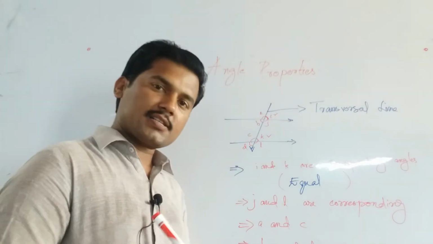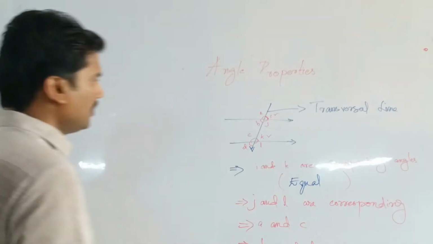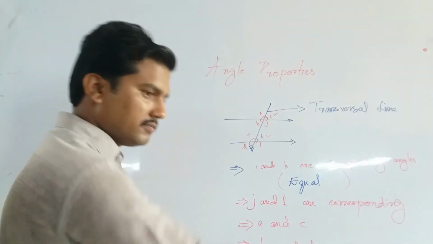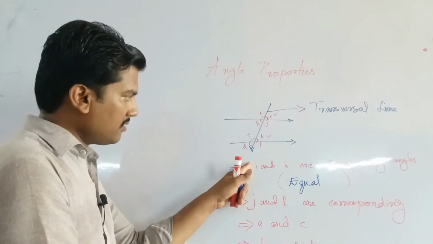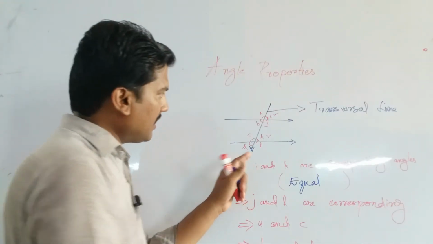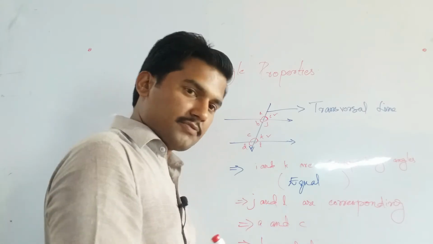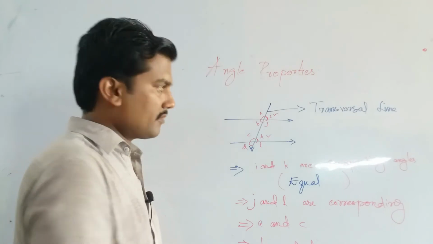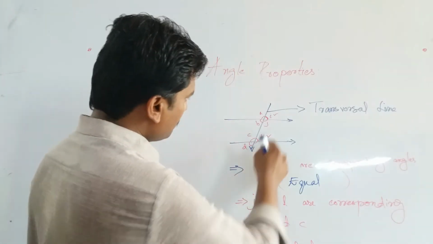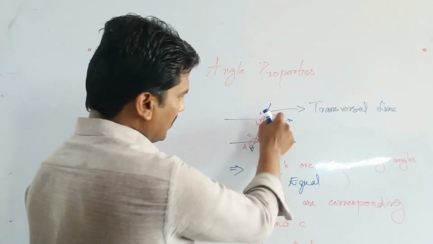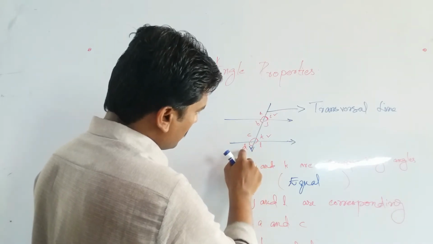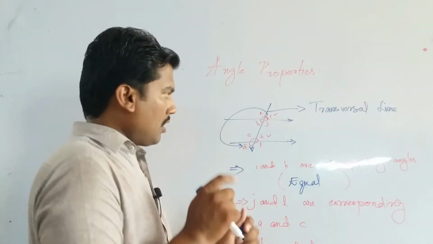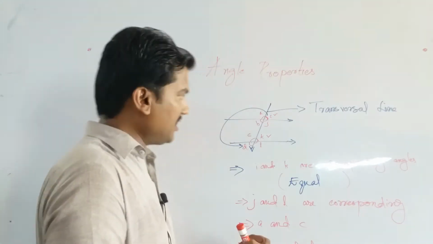Now we are going to discuss the alternate angles. The angles, one is on the right of this transversal line and the other is on the left of this transversal line. Suppose, for example, this is I and the angle on this side D. Now, how to identify it?